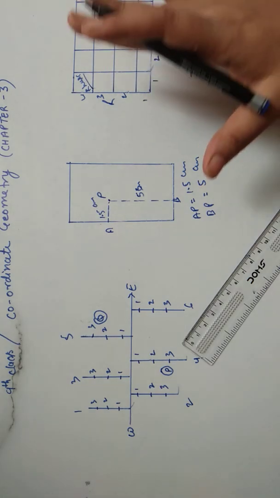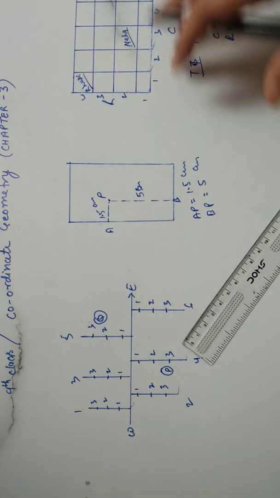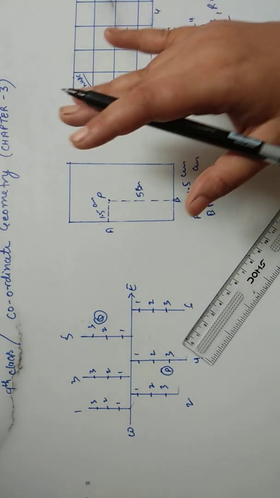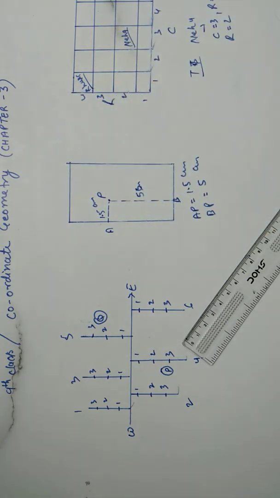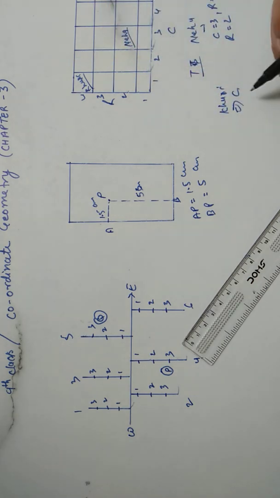Where is she in the classroom? Just see the column: she is in column number 1 and row number 4.